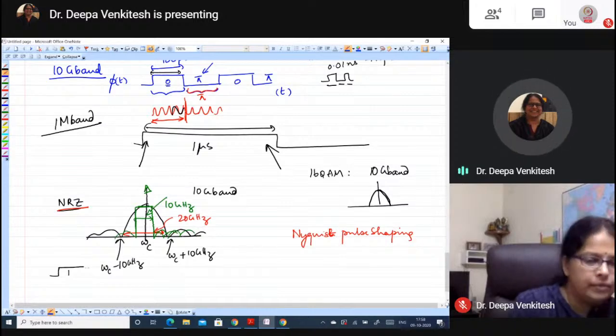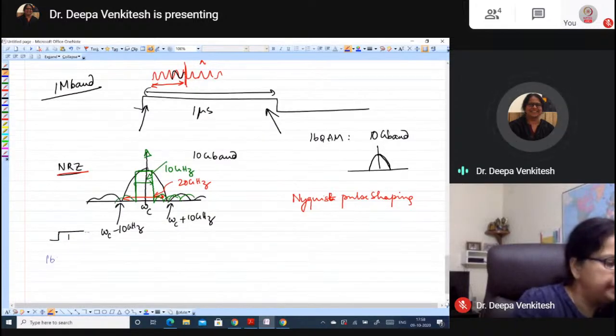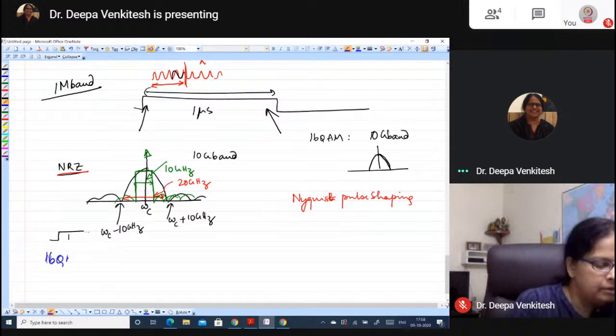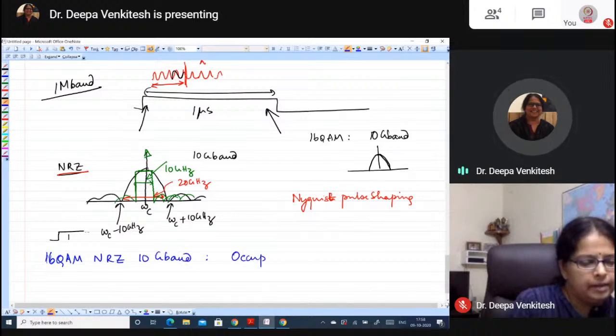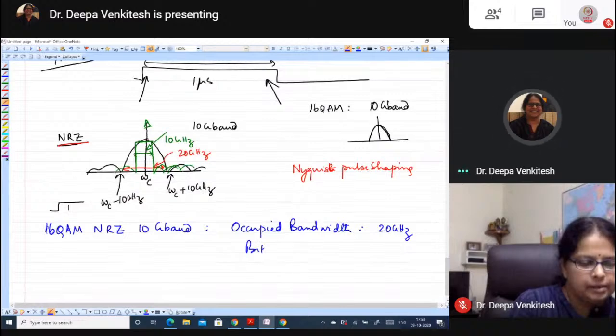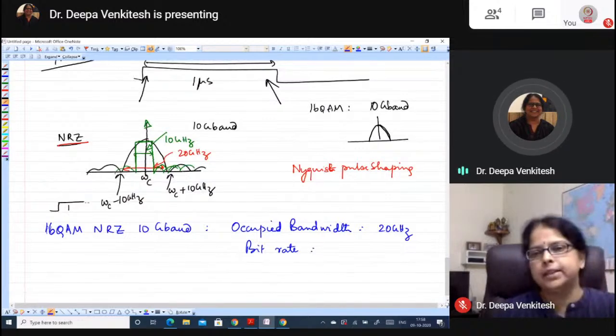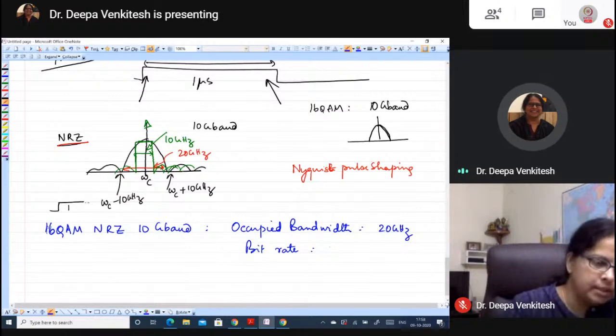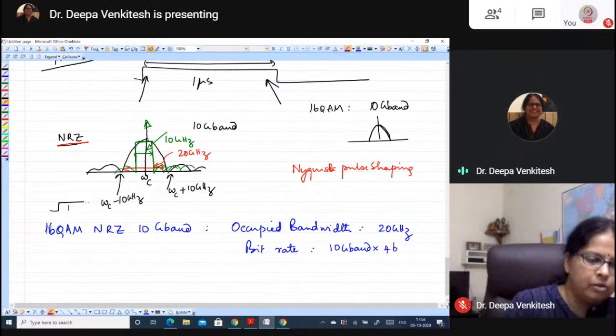So in case of 16 QAM NRZ with 10 gigabaud, your occupied bandwidth is 20 gigahertz and your bit rate, it's not polarization multiplexed, so it is just 10 gigabaud multiplied by 4 bits per symbol.